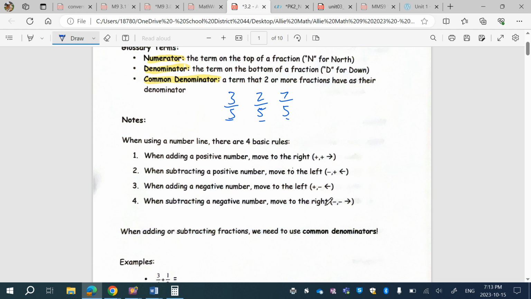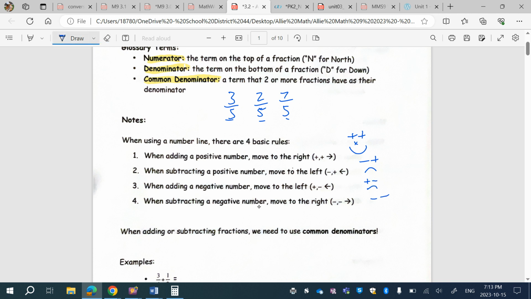I like this little diagram because if you remember when you multiply and divide positive and negative numbers, if you have a positive and a positive, it's going to turn out being a positive. If you have a negative and a positive, it's going to end up being negative.